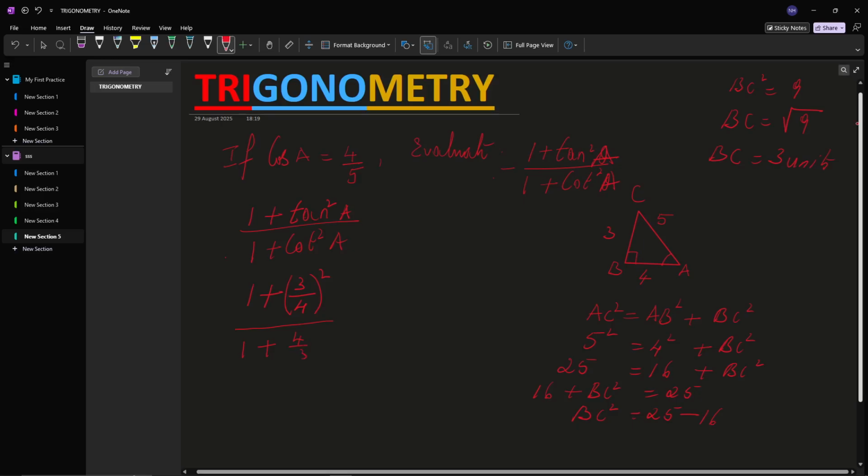So it is going to be 4 by 3 whole square. So further when you work it out, equal to 1 plus 3 square is 9 by 4 square is 16, divided by 1 plus, here it is going to be 16 by 9.